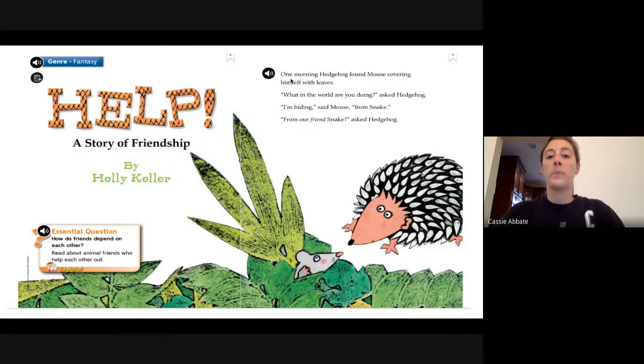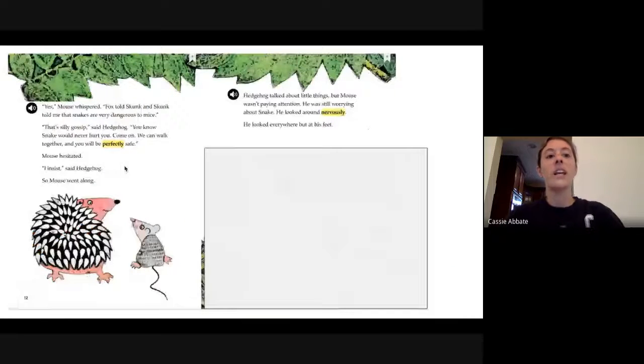Here we go. One morning, Hedgehog found Mouse covering himself with leaves. "What in the world are you doing?" asked Hedgehog. "I'm hiding," said Mouse. "From Snake." "From our friend Snake?" asked Hedgehog. "Yes," Mouse whispered.